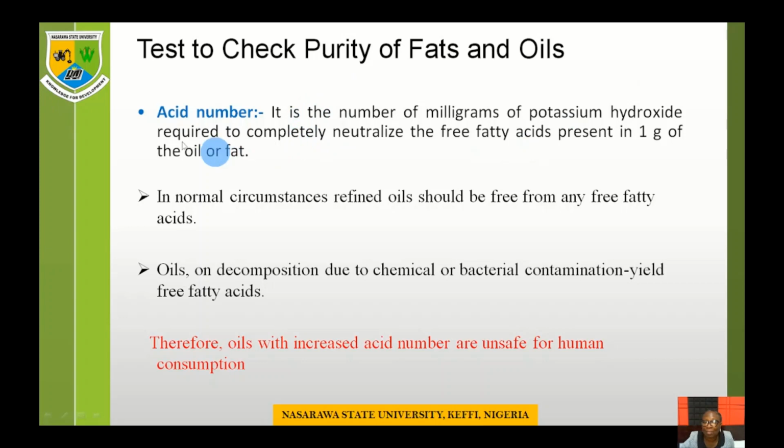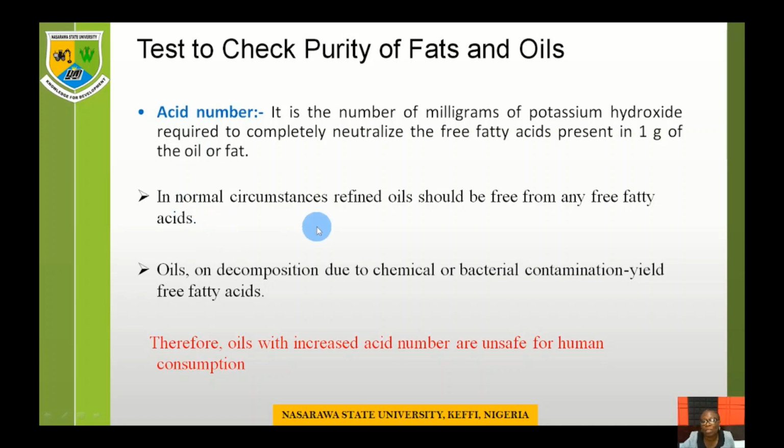It is a fatty acid, an organic acid. So the number of milligrams of potassium hydroxide that will neutralize the free fatty acid present in 1 gram of the oil or fat is known as acid number.